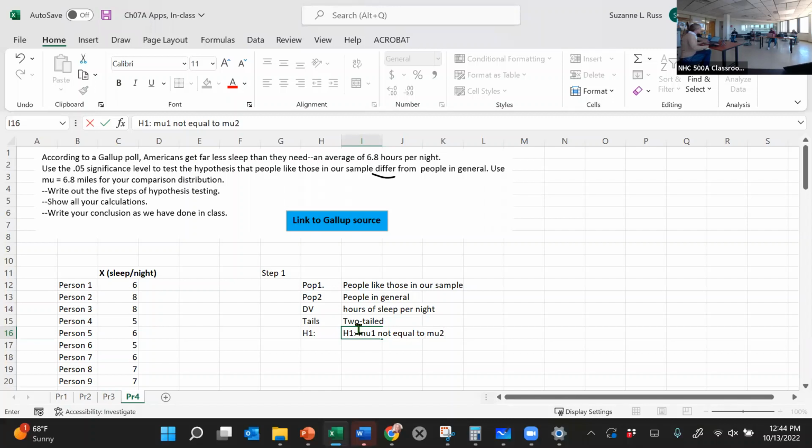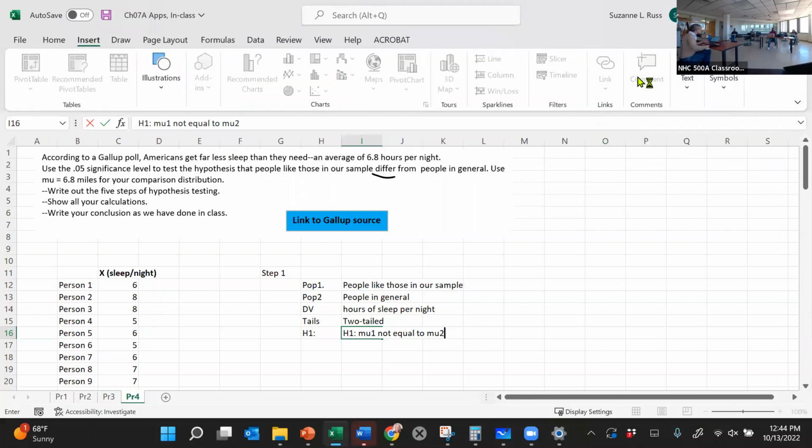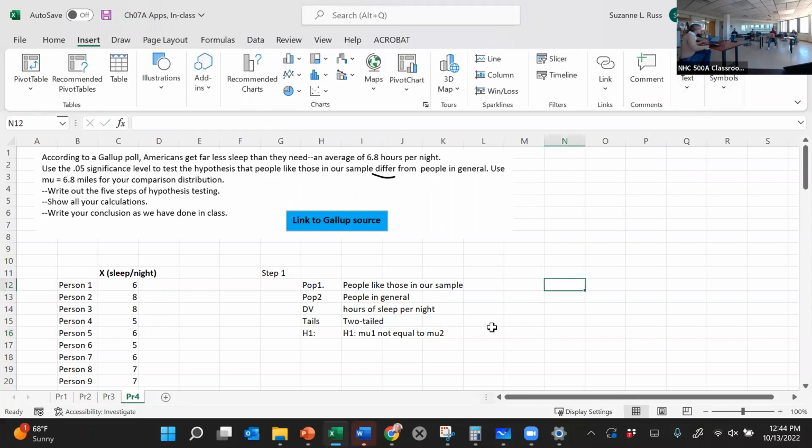We could go up to insert symbols, or we could write it in by hand. Okay, anyway. We don't have an easy symbol for it. H0, mu1 equals mu2. And very good.